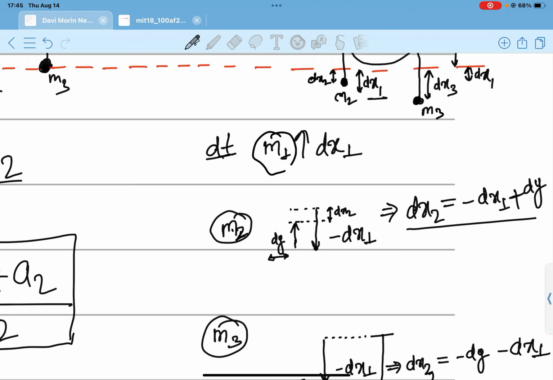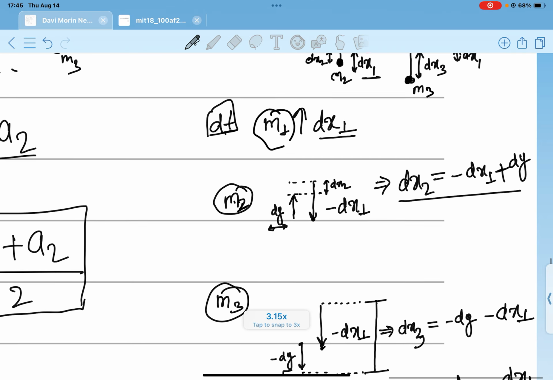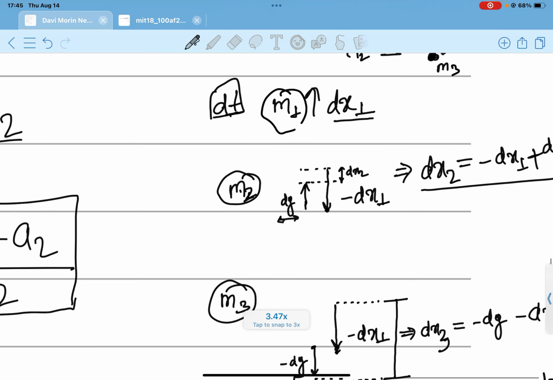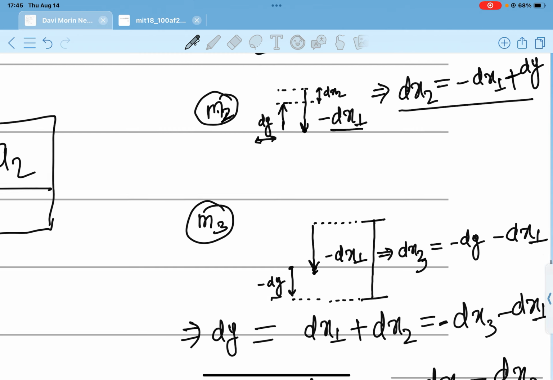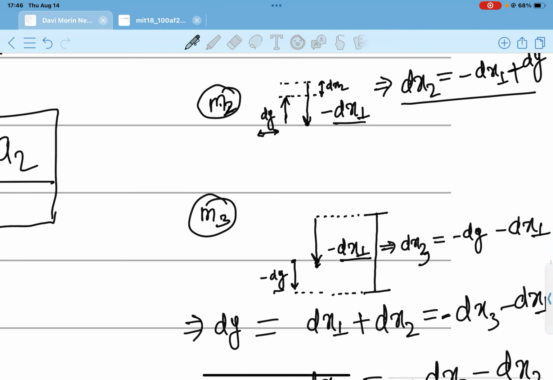Let's suppose for the time dt, the mass m1 moves up by dx1 distance in the upward direction. From here, I'm using the distance covered by a body in the upward direction as positive and negative in the downward direction. So since m1 moves by dx1 distance in the upward direction, m2 and m3 move in the downward direction, both by dx1 distance.